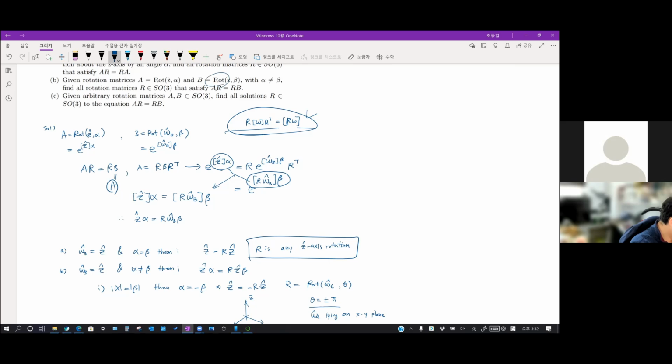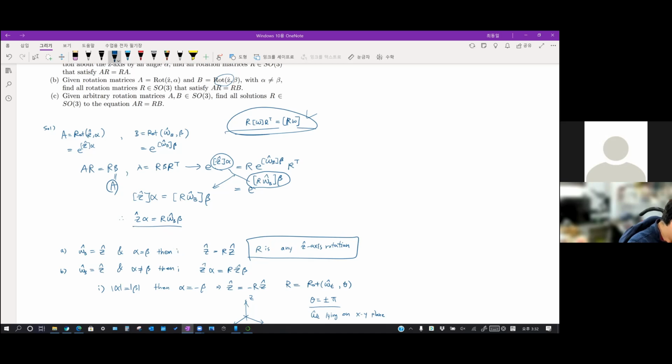If the B rotation is about the z-axis and there is angle beta, so in the given condition, omega B is z and alpha is not equal to beta, then this equation can be like this.